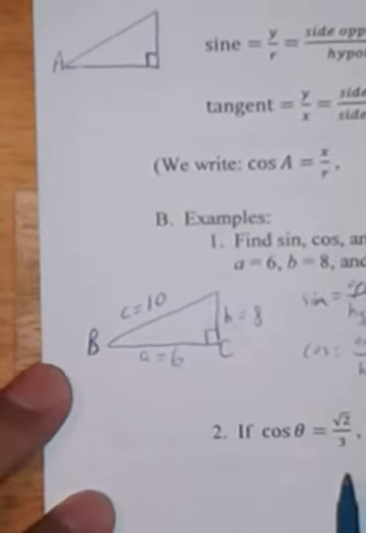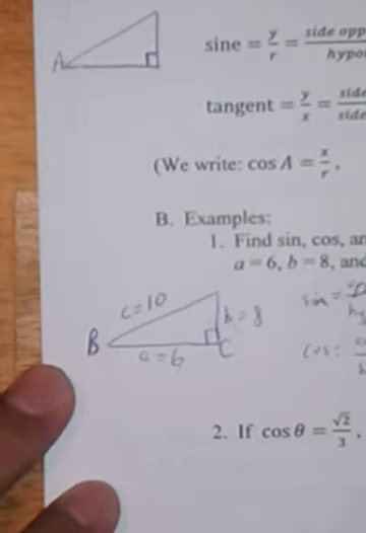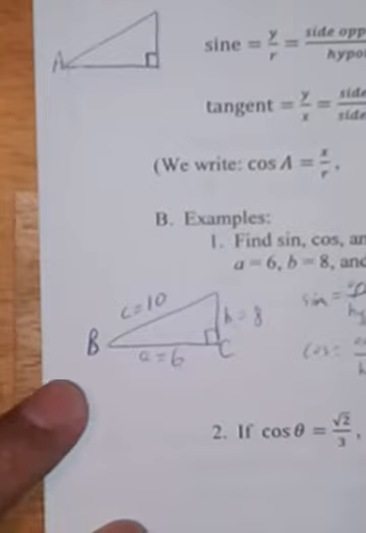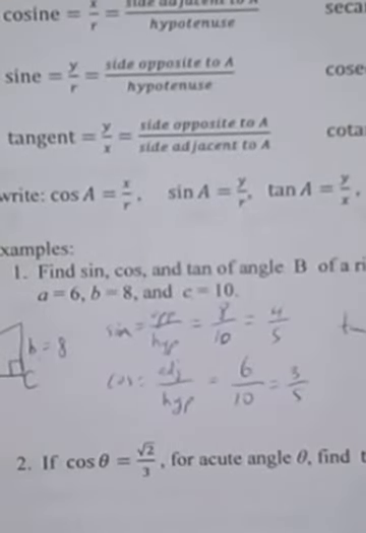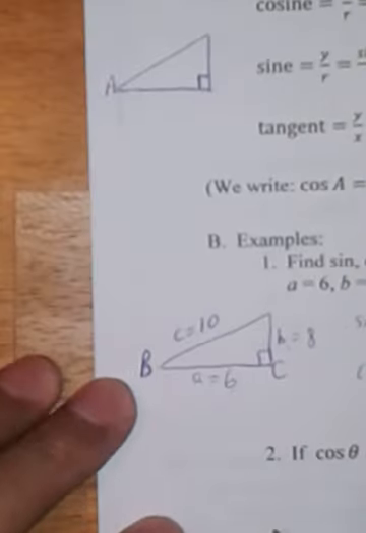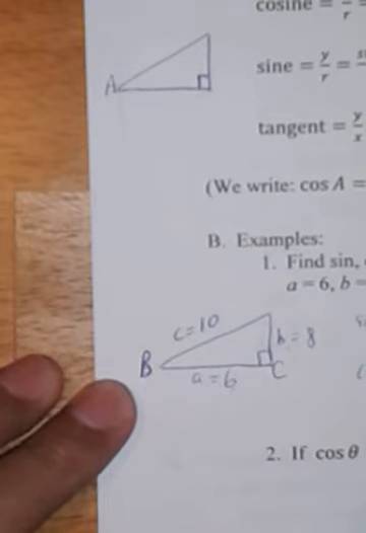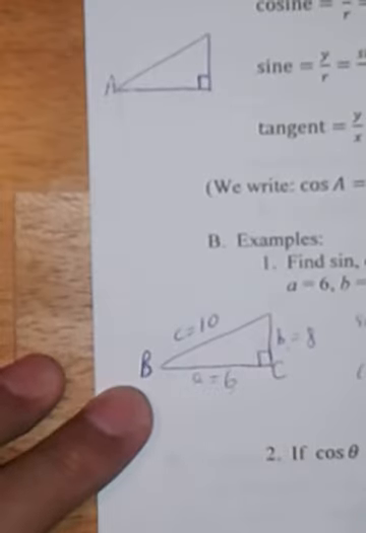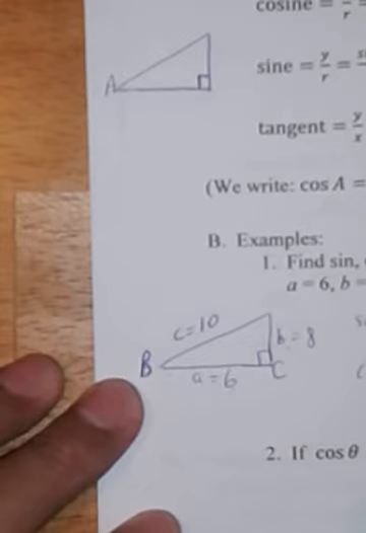All right, number 2 says if cosine theta equals square root of 2 over 3 for acute angle theta, find tangent theta. So tangent theta is going to be, I'm going to write it, side opposite over side adjacent. Okay, if I'm looking at a right triangle, which I am. So what I'm going to do is I'm going to draw a triangle. And when they tell me cosine theta is square root of 2 over 3, remember cosine theta is adjacent over hypotenuse.